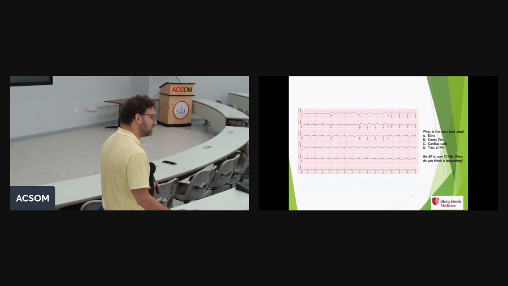What would you expect his systemic vascular resistance to be? No, it would be high. We talked about this yesterday. It would be low if you had what type of shock? Sepsis.